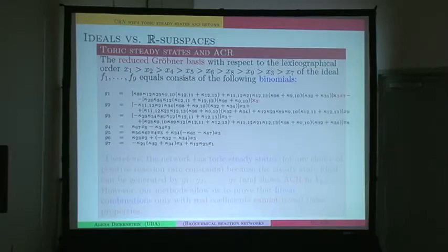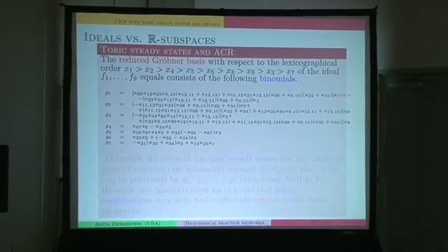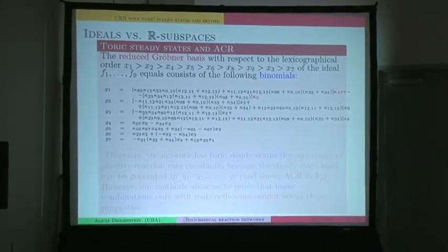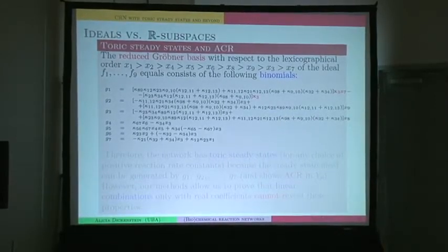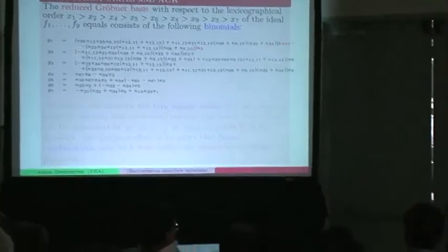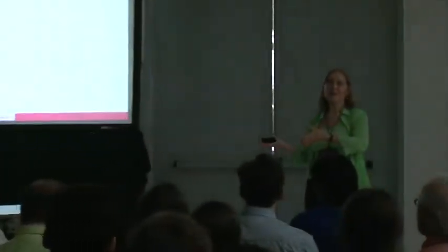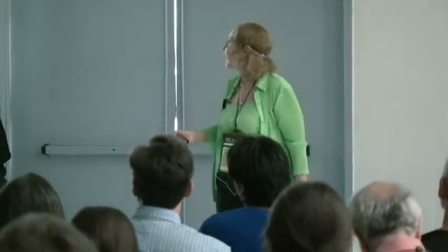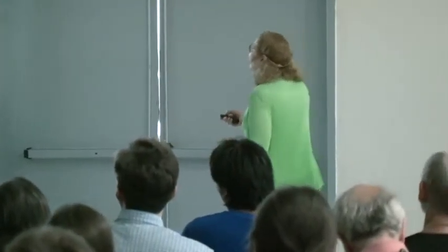So what I did, we put this in a computer and we computed the Gröbner basis. A Gröbner basis is a basic tool in computational algebraic geometry, and it gives you another system of generators of the ideal. And if the Gröbner basis is reduced, your ideal can be generated by binomials if and only if what you get are all binomials. And this is the case here, they are all binomials.